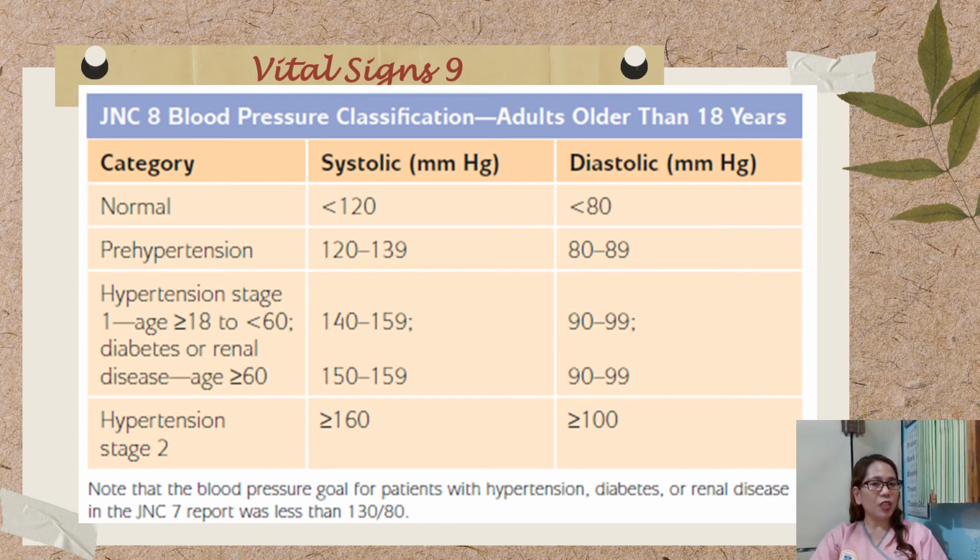Okay, 140 to 159, or 150 to 159 naman for the client suffering with a renal or diabetic condition. Okay, diastole ranges from 90 to 99. Yan. For hypertension stage 2, greater than or equal to 160 millimeter of mercury ang kanyang systole. For diastole, equal or greater than 100 millimeter of mercury. So these are the classifications.